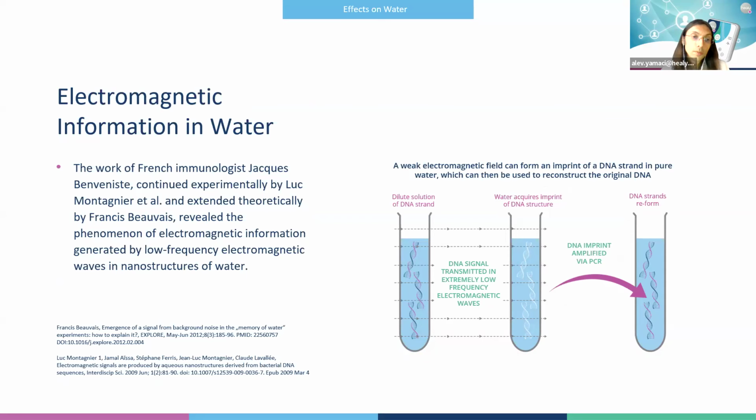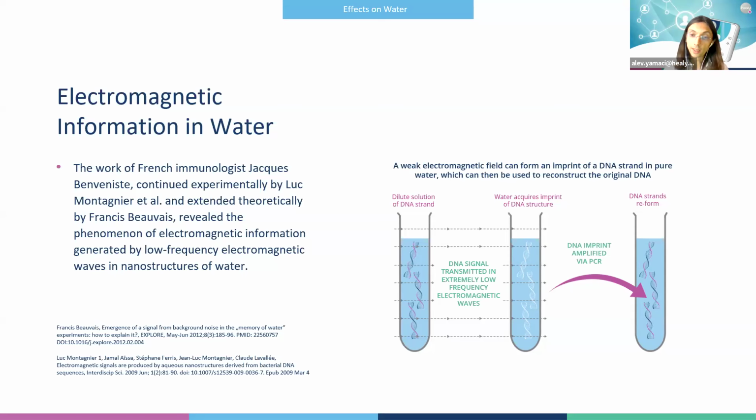The French immunologist Jacques Benveniste and also later Luc Montagnier, they basically looked at the phenomenon that you put something that carries information, like a DNA strand, into water. Then they wait for some time so that this information is basically transcribed to the water.